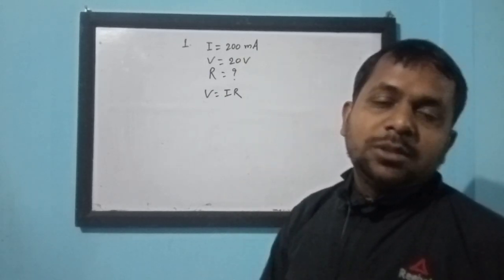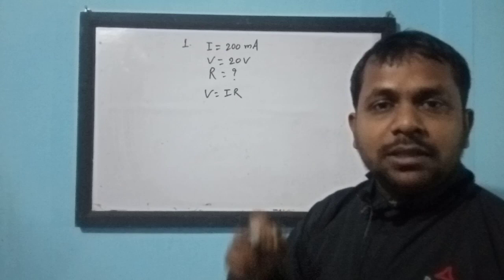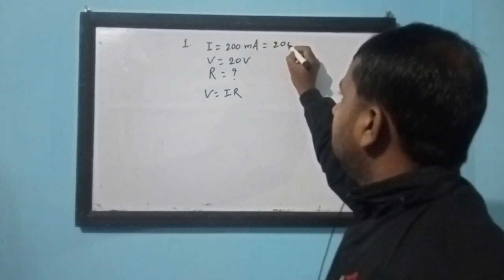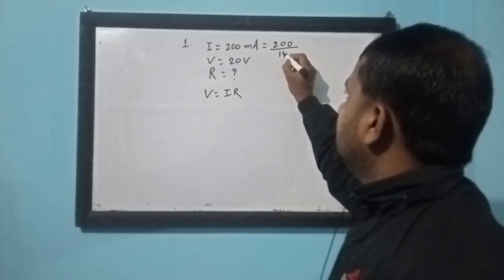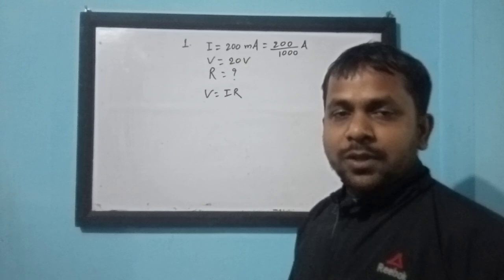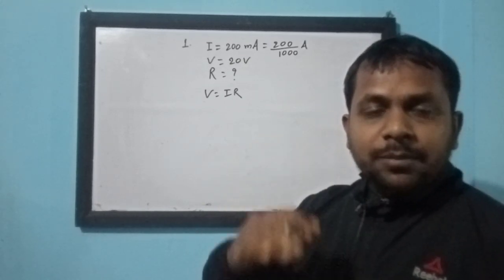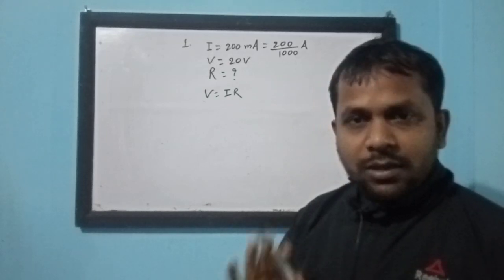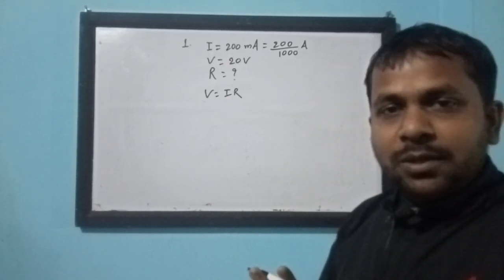So first we need to convert milliampere into ampere. We can convert like this: 200 divided by 1000. When we divide milliampere by 1000, it changes into ampere. I hope you are understanding this. Okay.